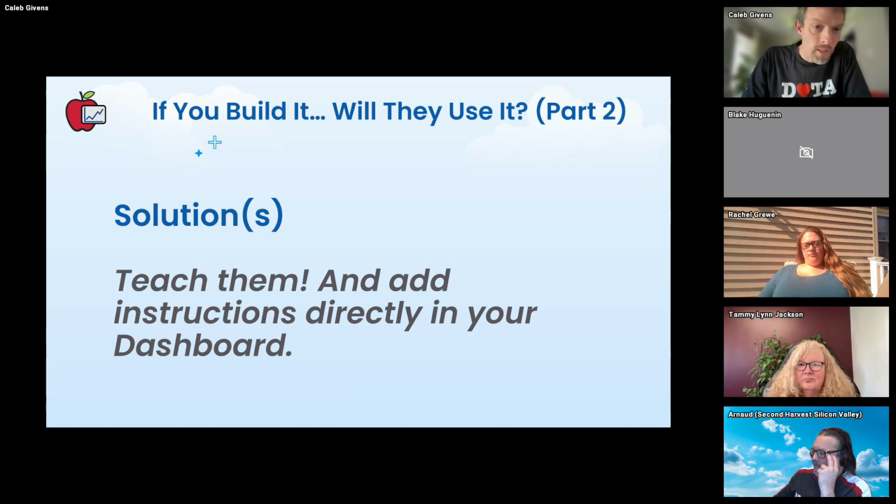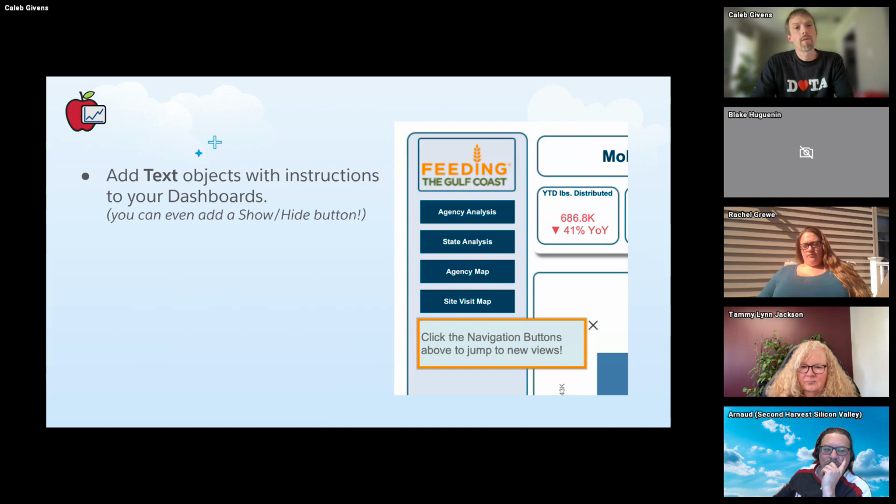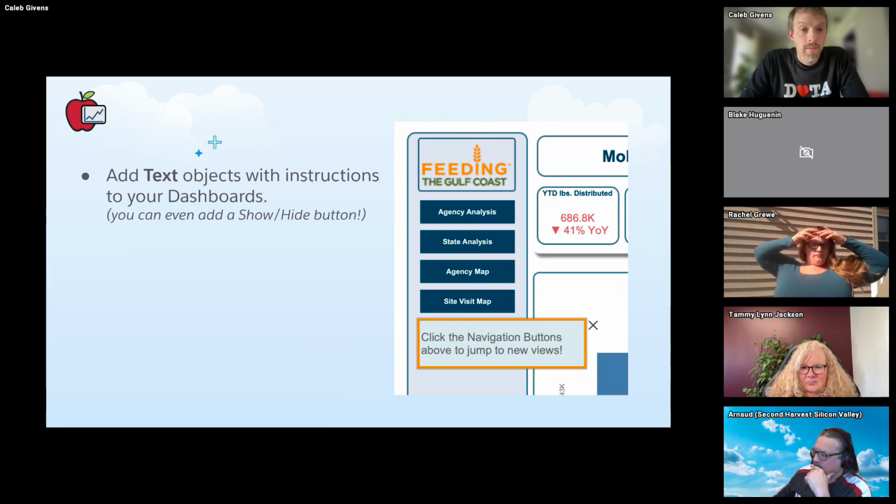There are some other interesting things you can do to maybe help with this issue. In the objects on your dashboard, there's a text object, which you just drag on and you can write whatever you want on there. I've done this with a couple of dashboards, and you can use that to write instructions.